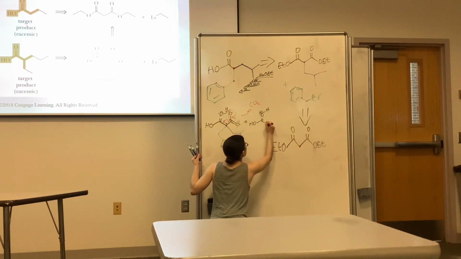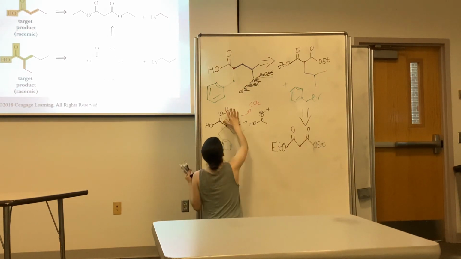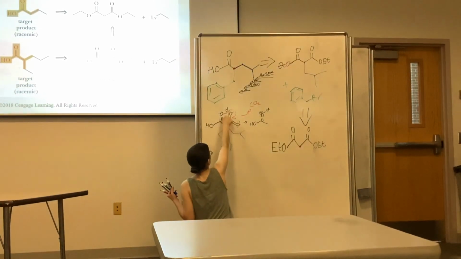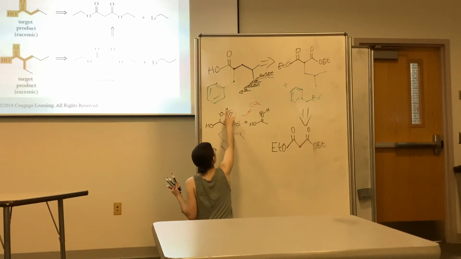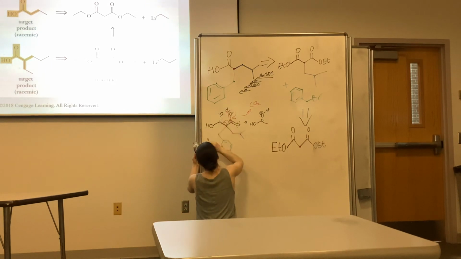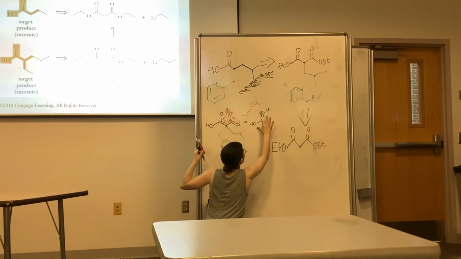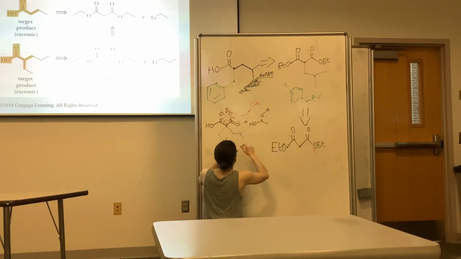What happened? Oh, okay. When I moved this over to here, I'm trying to make 5 bonds there, so let's actually have this double bond be the electrons that take that. That's better.